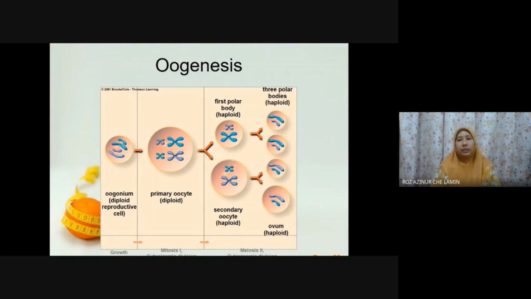When meiosis happens, it produces the secondary oocyte, which is haploid in number, and then it divides again to produce one ovum and also 3 polar bodies, which are also haploid in chromosome number.